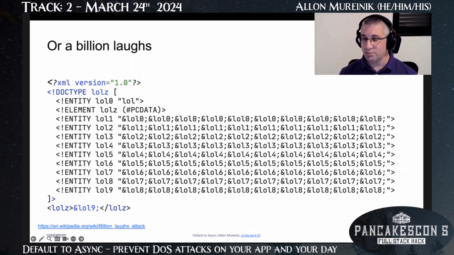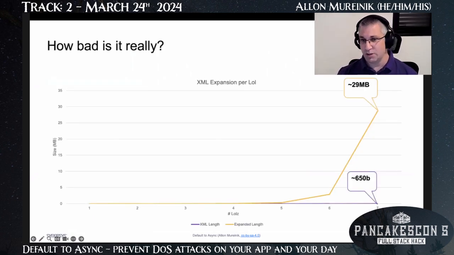Now, how bad is it? Again, being a nerd with a degree in economics, I just graphed this out. Starts okay, 1, 2, 3, 4 levels. In the 5th level, we start seeing a noticeable difference between the size of the payload and the size it expands or bombs up to in memory. 6 levels, it's quite noticeable.